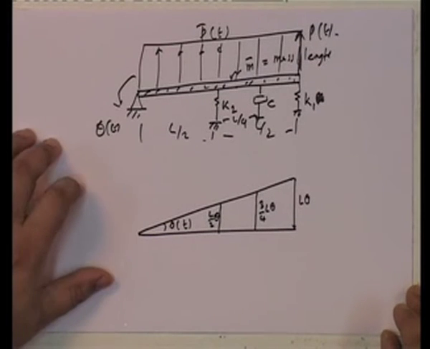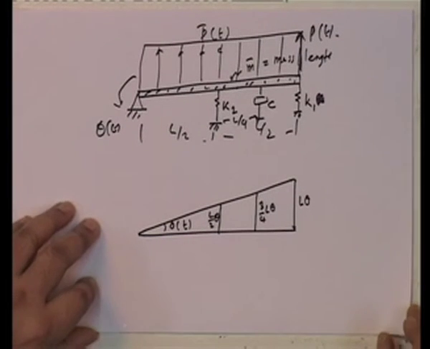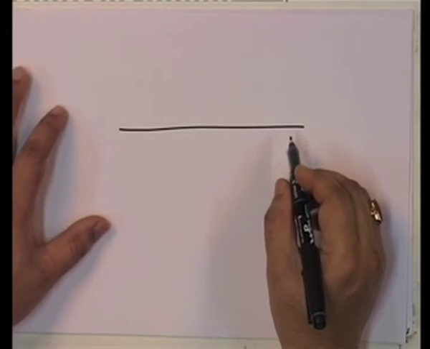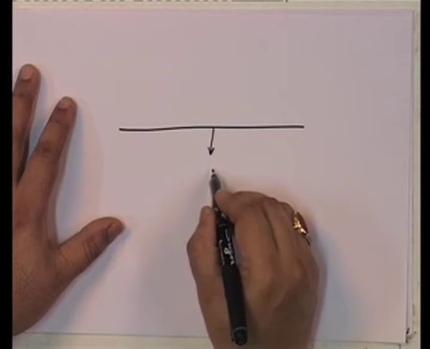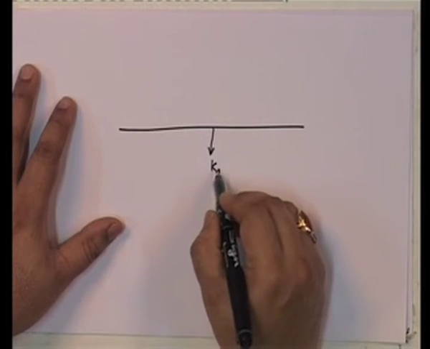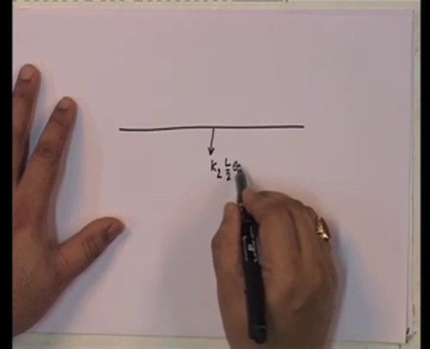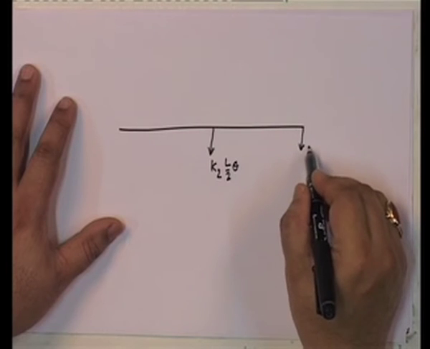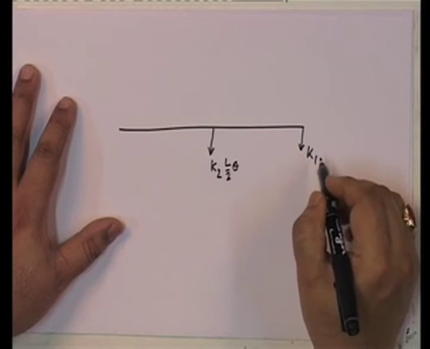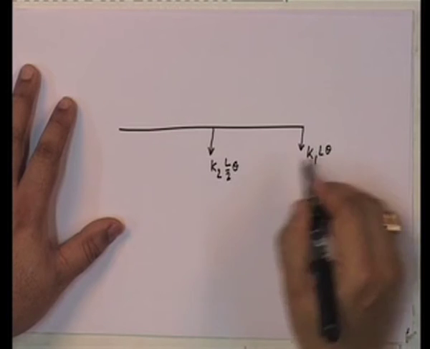Okay. So, let us look at this. If these are the displacements, then what are my forces? Let me write down the forces. The forces are going to be equal to K2 into L by 2 theta. This one is going to be K1 L theta.